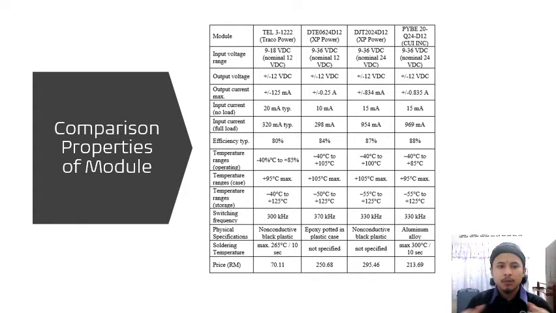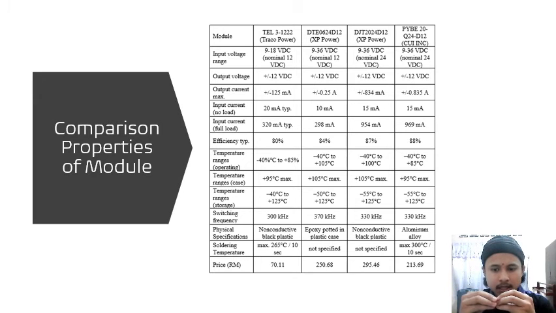Here is a comparison between the properties of the modules. We see 4 types. The first is the type that we used in the previous BDP, and the other 3 are modules that we suggest. As we can see, there's not a lot of difference. Obviously, the efficiency of the PYBE 20 on the right side is 88%, such a good percentage.